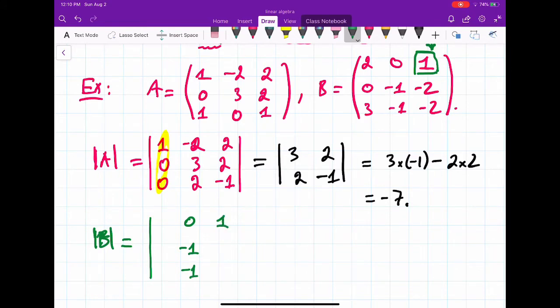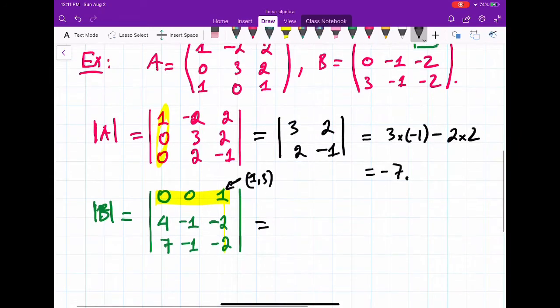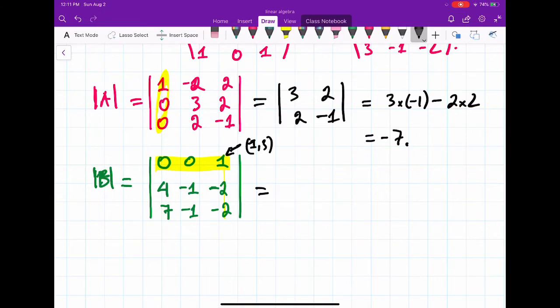So let me rewrite the third and the second column, right? I multiply the third column by -2, add to this, I get 0, -2, I have 4 here, and then -2, I have 7 here. So you already have 2 zeros. I delete this. The position of this entry is 1, 3, right? 1 and 3 are of the same parity, so the determinant is equal to 4, -1, 7, -1.